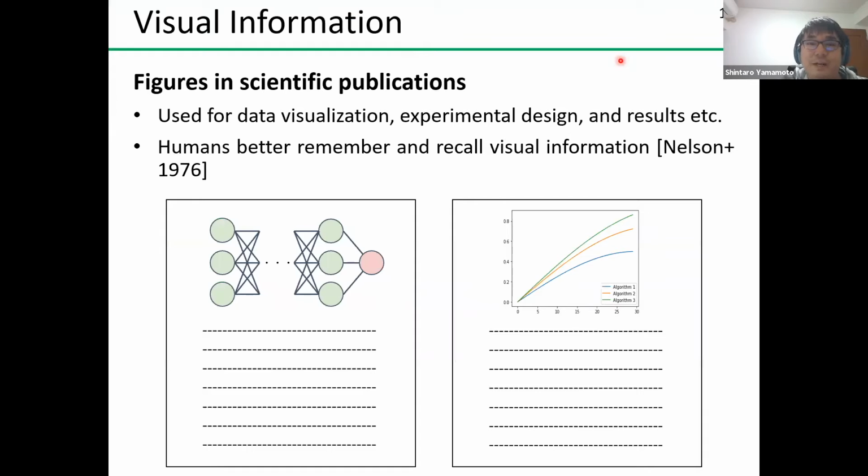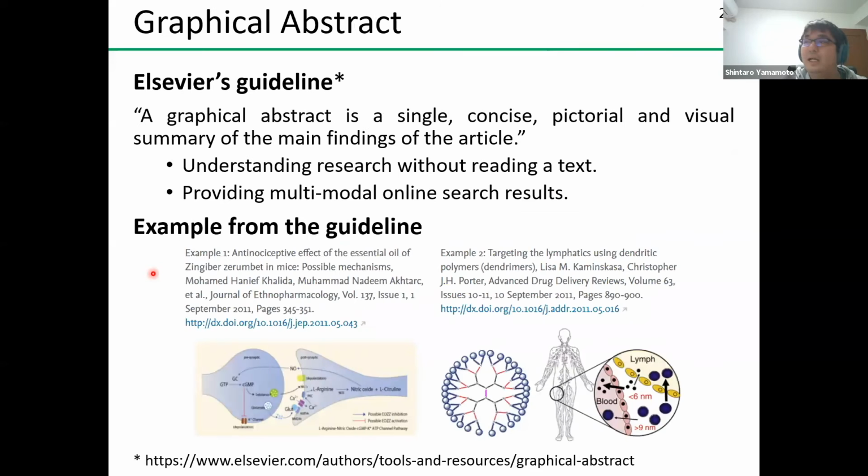In scientific publications, figures are used to combine many kinds of information, such as data visualization, experimental design, or experimental results. It is known that humans can better remember and recall visual information. Recently, a novel concept of graphical abstract was introduced.